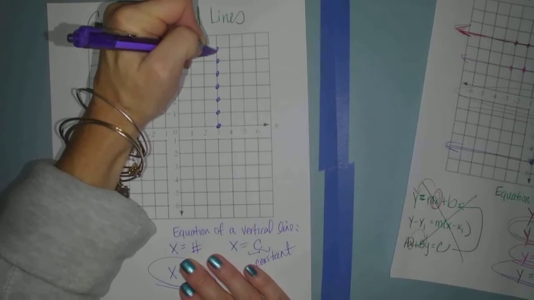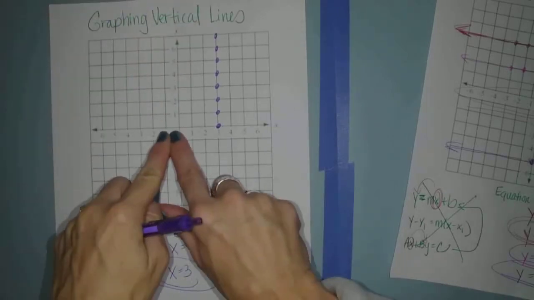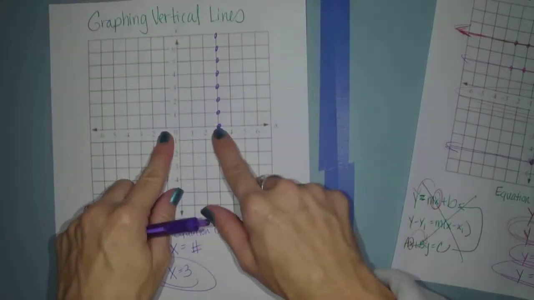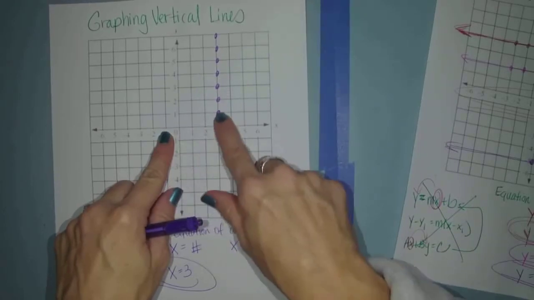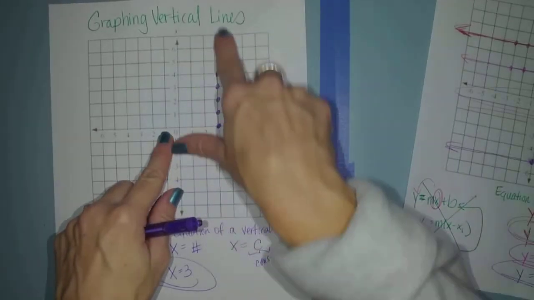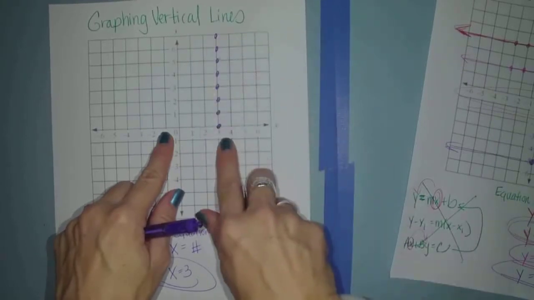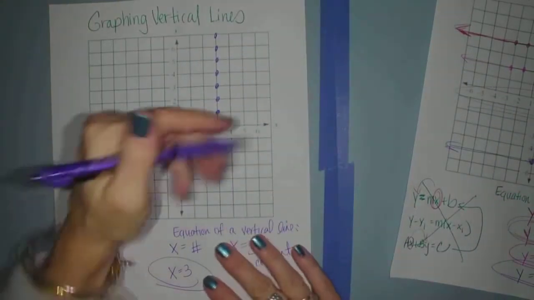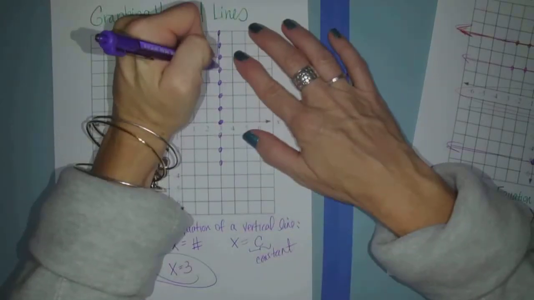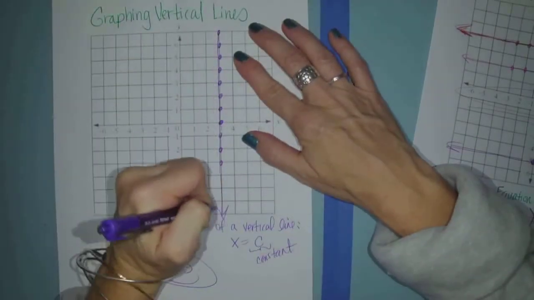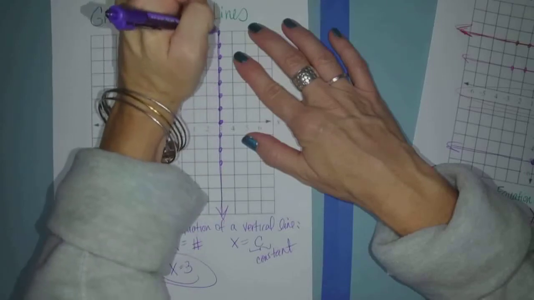Every single one of these points I'm lining up has an x of 3. This is (3, 0), (3, 1), (3, 2), (3, 3). All of them, see, y is changing, but it has no effect on x. All of these have an x of 3. Draw your line. It's vertical.